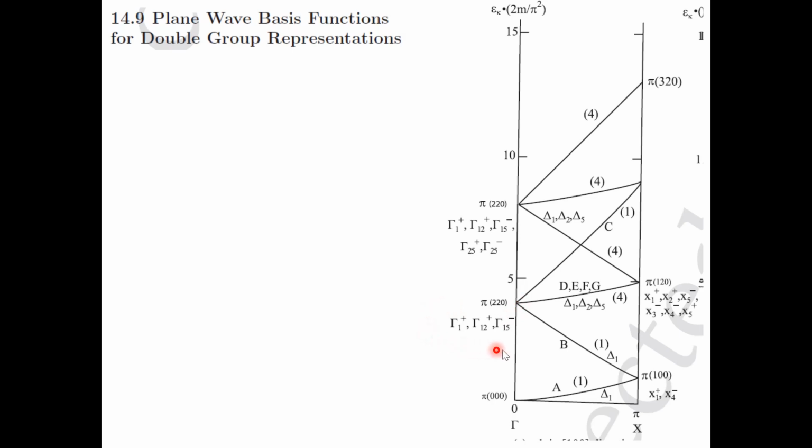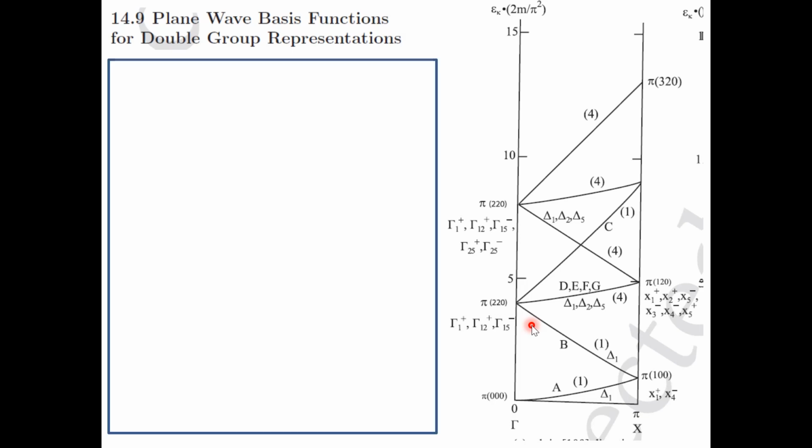This would split into gamma 1 plus, gamma 12 plus, gamma 15 minus, meaning a 3-fold degenerate plus a 2-fold plus a 1-fold degenerate level. Okay? So what we want to see now is how double groups change that picture, and also how we can find the basis functions for double group representations using plane waves. Okay.